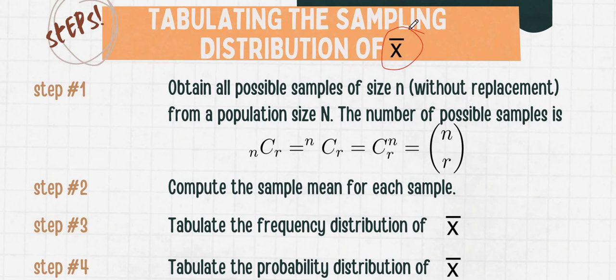Step number one: you need to obtain all the possible samples of size n from a population of size N. The big N represents the population size, and the small n represents the sample size. The number of possible samples is indicated by NCr, or any of these.